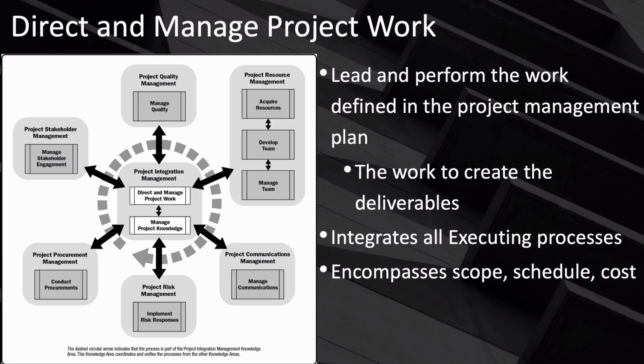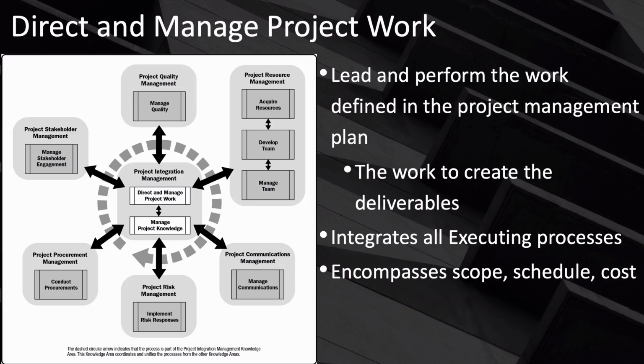Let's start with direct and manage project work. This diagram illustrates how central this process is to all of the other executing processes. All of the other executing processes are integrated by this process. This is the process that is responsible for leading and performing the work that's defined in the project management plan.